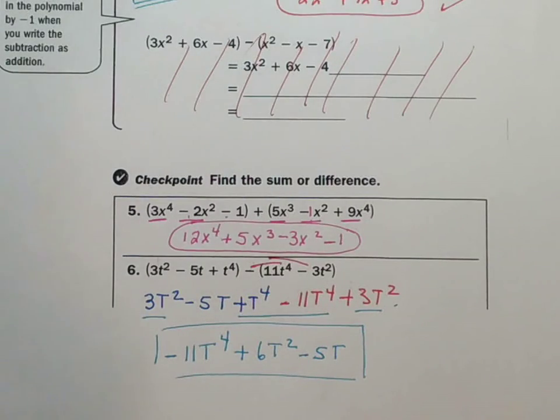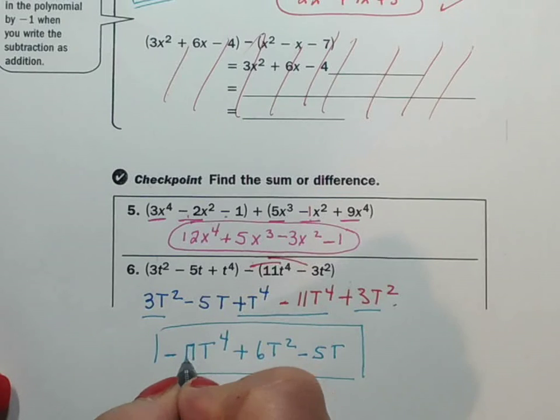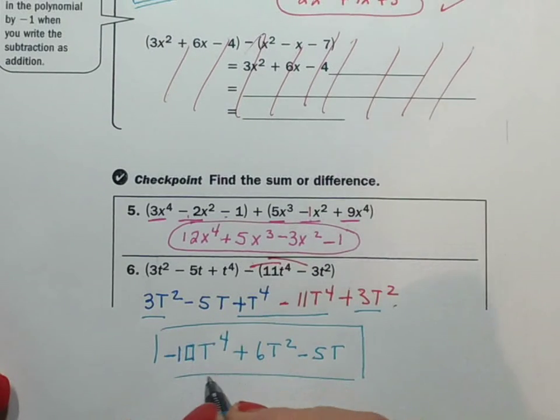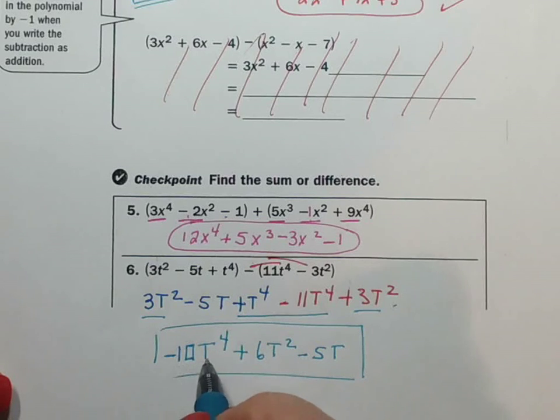And that's it. Oops. That's 1 minus 10, negative 9t to the 4th, plus 6t squared minus 5t.